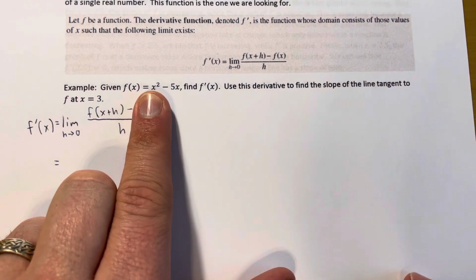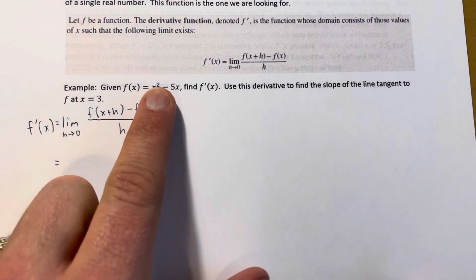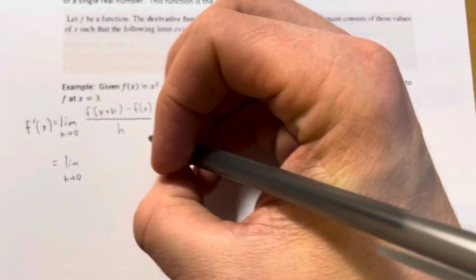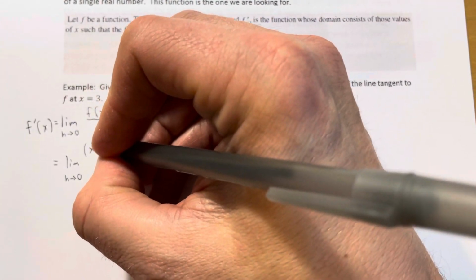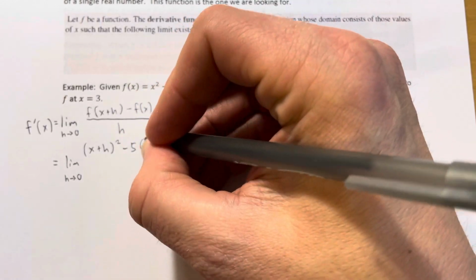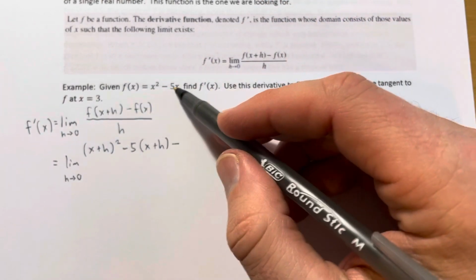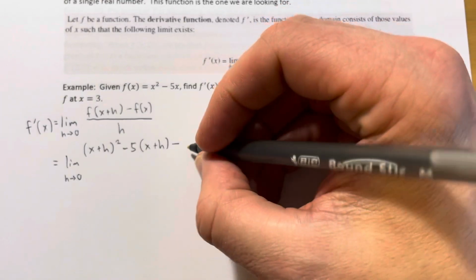So as I evaluate this limit, let's look at the function. X plus h is being substituted in for the x right here. So that's going to look like this. The limit as h approaches 0 of x plus h quantities squared minus 5 times x plus h minus f of x. But this is f of x right here.